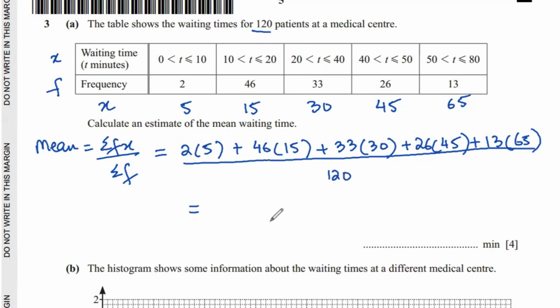So when you solve this, what you should get is 30.875. That is your mean waiting time. So remember, when you have class intervals, you always find the midpoint of those intervals and use those as the x values, not the minimum or the maximum points of the intervals.